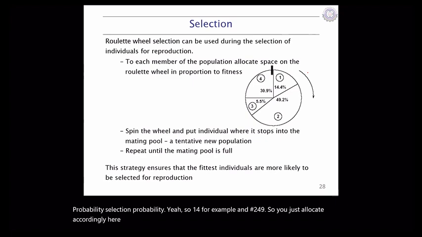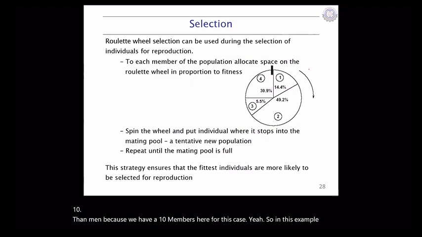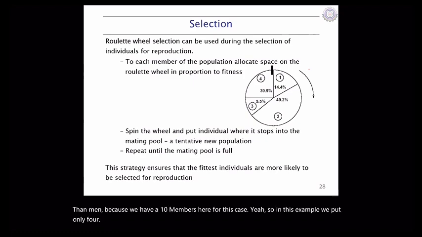So if you have 10 members, you have to divide the roulette wheel, this circle, by 10, because we have 10 members in this case. In this example we put only 4, because this is just the example.